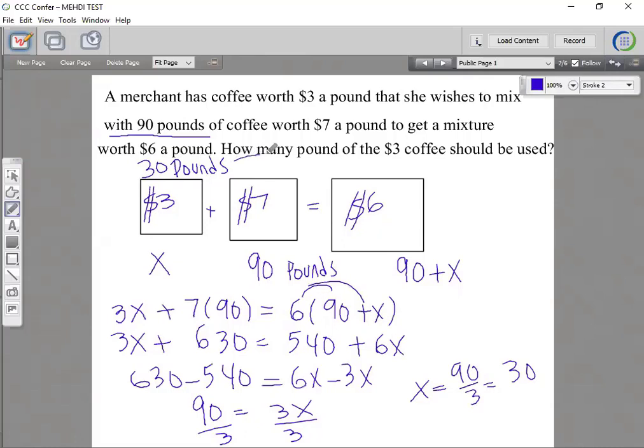So the question is, how many pounds of $3 coffee? That's what we assumed X would be equal to, and that's what we solved for. So we're done, we answered the question. We need 30 pounds of the coffee worth $3, and that's the final answer.